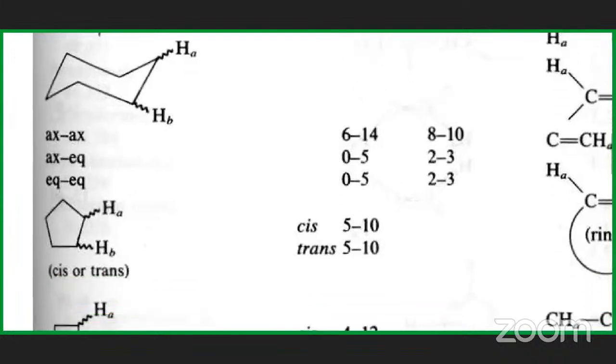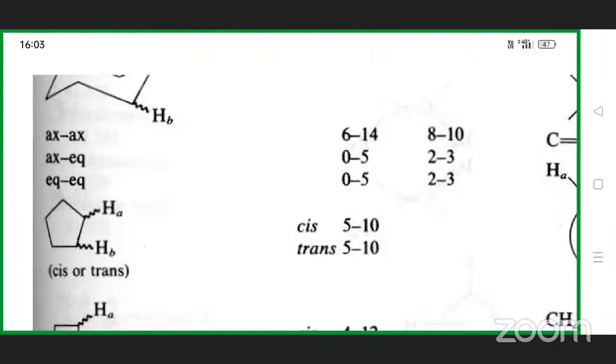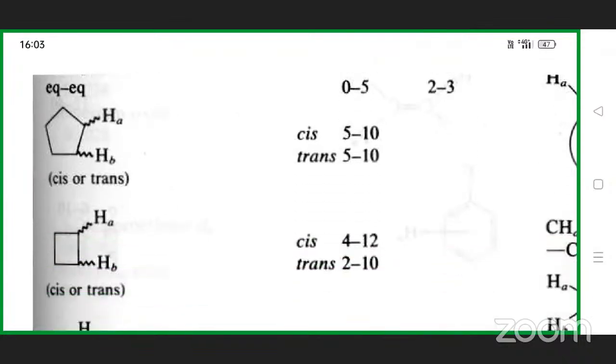In the axial and equatorial coupling, the J value is 2 to 3, and for equatorial and equatorial you also find 2 to 3. In cyclopentane, it is also given for the cis and trans configuration, where the J value differs, 5 to 10.